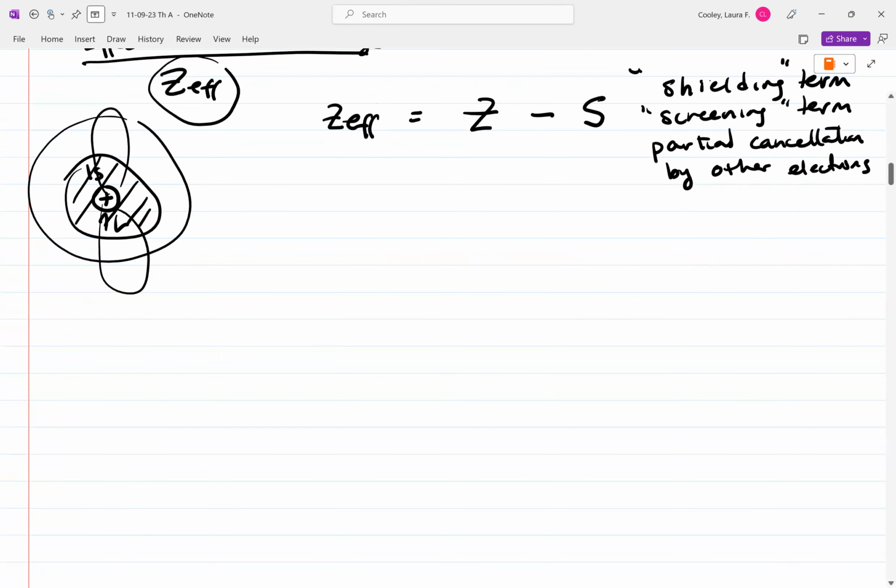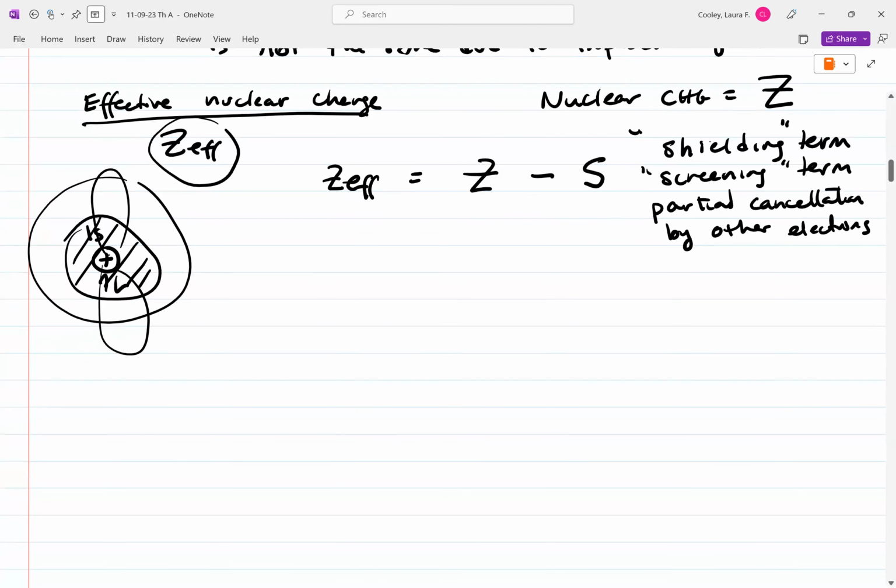Any electron in an atom is not going to experience the entire nuclear charge. It's because of the other electrons, which partially cancel some of that nuclear charge. So all electrons cancel out some nuclear charge. But electrons that are in between a given electron and the nucleus do the best job of canceling it out. That makes sense, right?